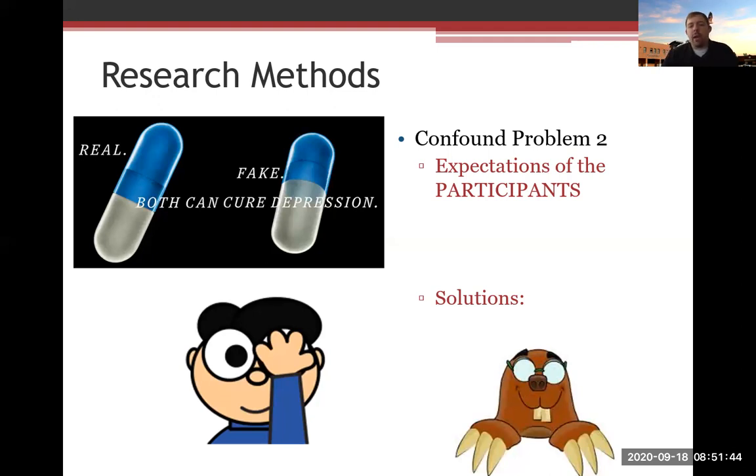So if we are running a study on antidepressants, we know both the experimental group and the control group have to receive a pill, because we know that the act of taking the pill will make both of them start to feel better.